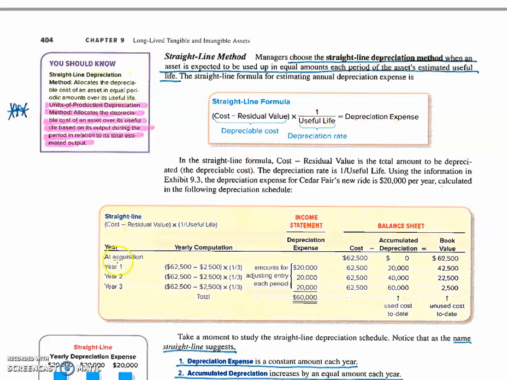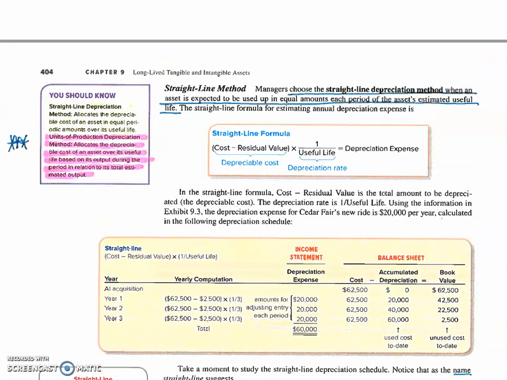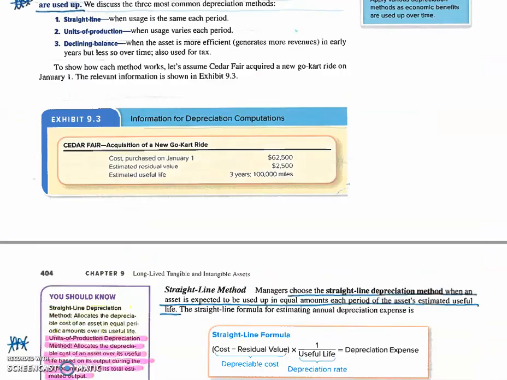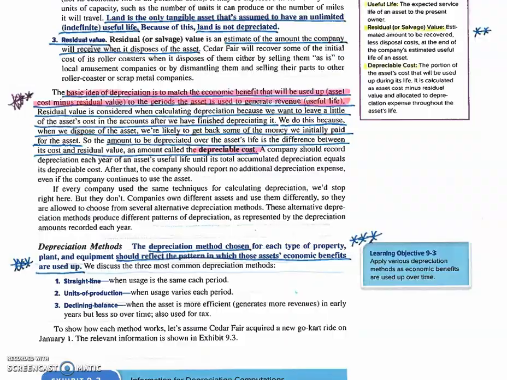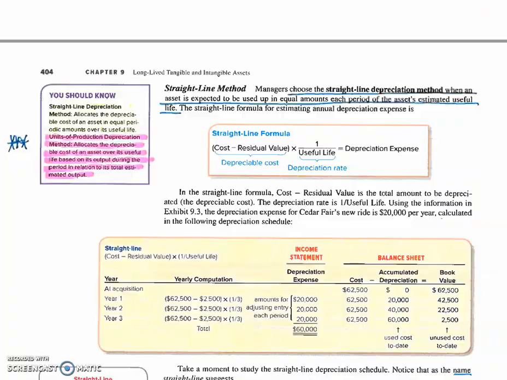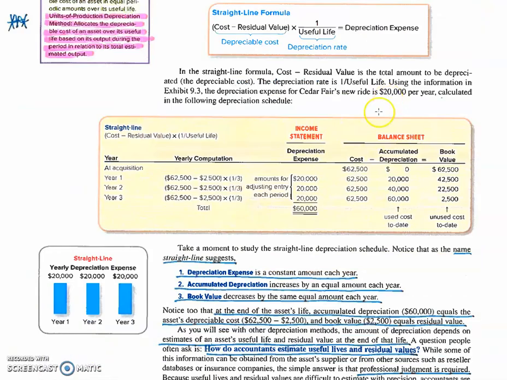Now they give you an example down here of an asset that has cost of $62,500. You'd have to look and see where it's discussed up in the problem up here, but I'm not going to worry about that. We can tell from the chart right here.